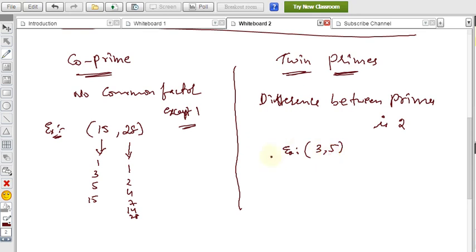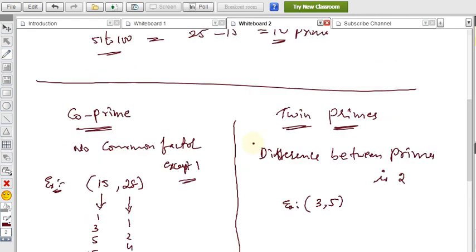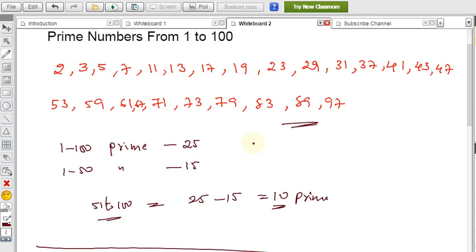So if you observe in these examples, the prime numbers' difference must be 2. 3 comma 5, also 5 comma 7, 11 comma 13, because the gap, the difference, is only 2. Still, 41 and 43 are also twin primes.